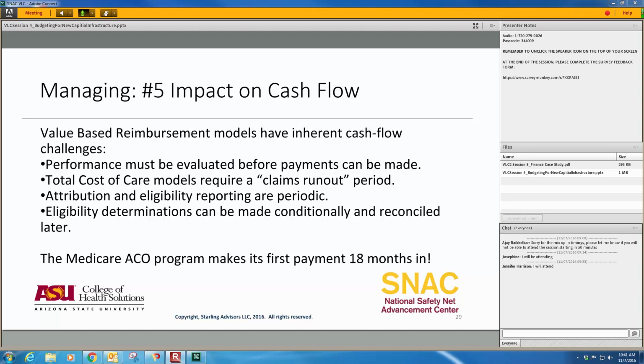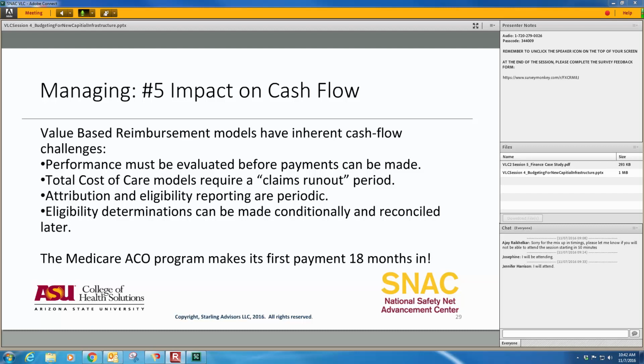Total cost of care models require what's known as a claims run-out period. It's usually on the order of about 90 days. That's how long it takes for a payer to say, we feel confident that 99.6%, 99.9% of the claims will have been paid within 90 days. Now we can actually calculate how you performed.